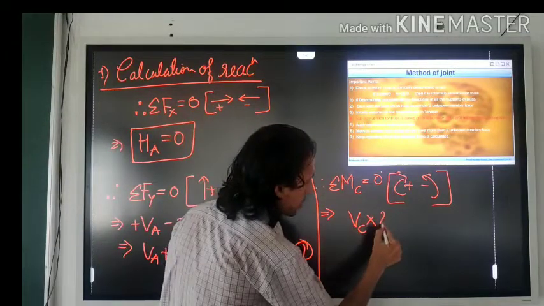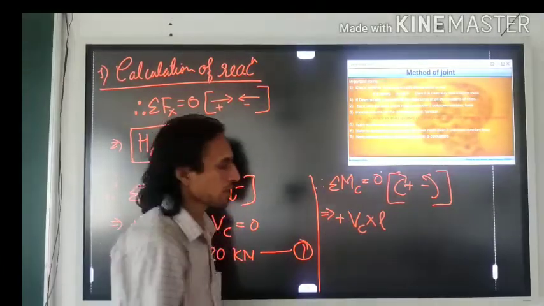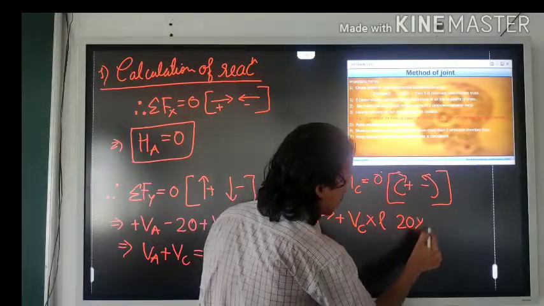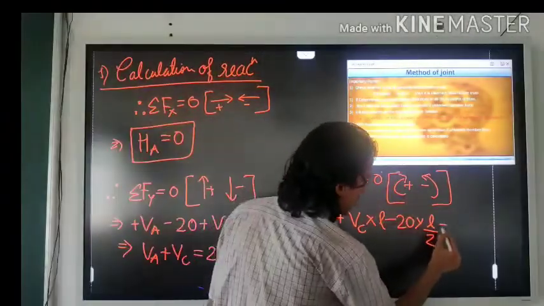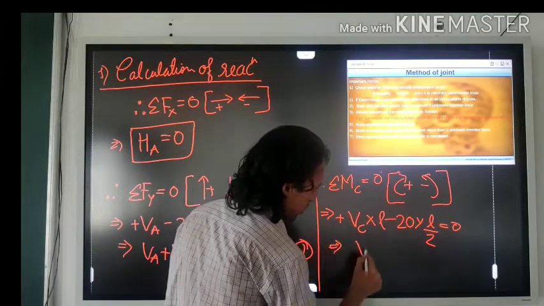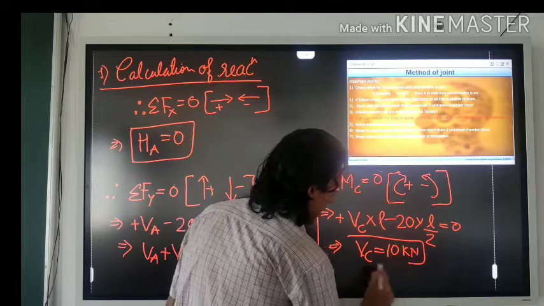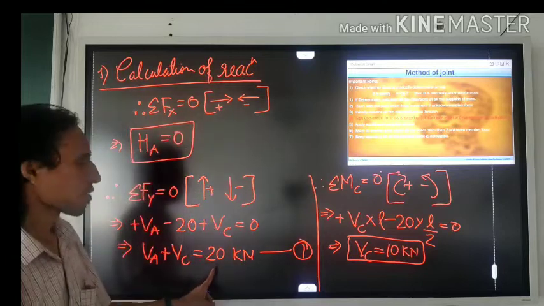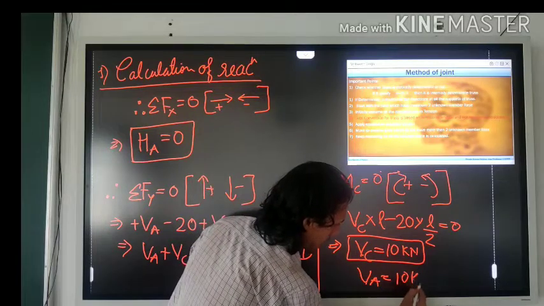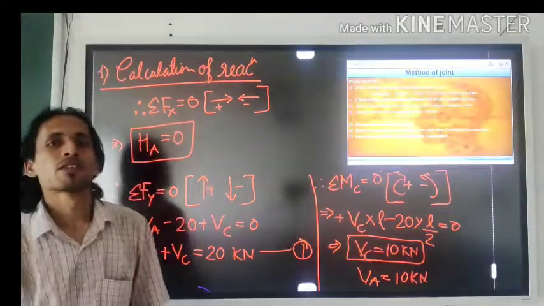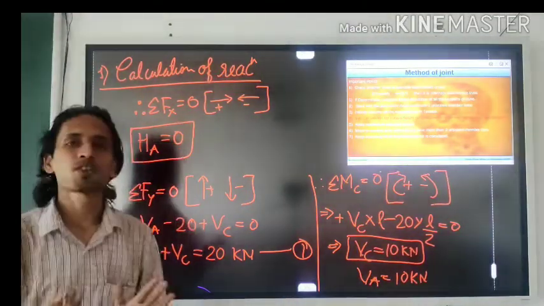So we'll write the equation: VC into L, which is clockwise, then 20 into L by 2, which is anti-clockwise, is equal to 0. Solve here and you will get VC is equal to 10 kilonewton, and by solving equation 1 you will get VA also is equal to 10 kilonewton. Okay, so the first step is over and you have calculated the support reactions.